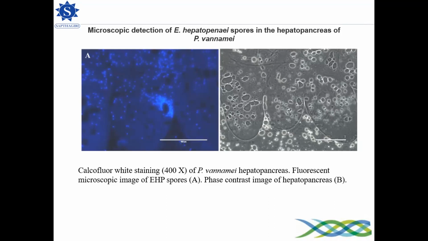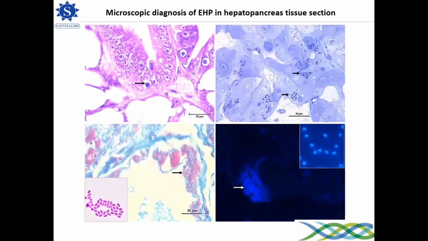So these are the sections of EHP infected hepatopancreas. The first one is H&E staining. You can see the clearly distorted HP tubules and cells. The second one is a semi-thin section for EM. You can see the blue dots, heavily infected in almost all the cells.